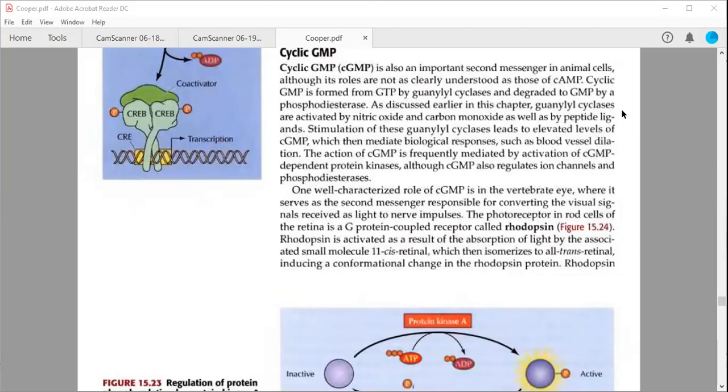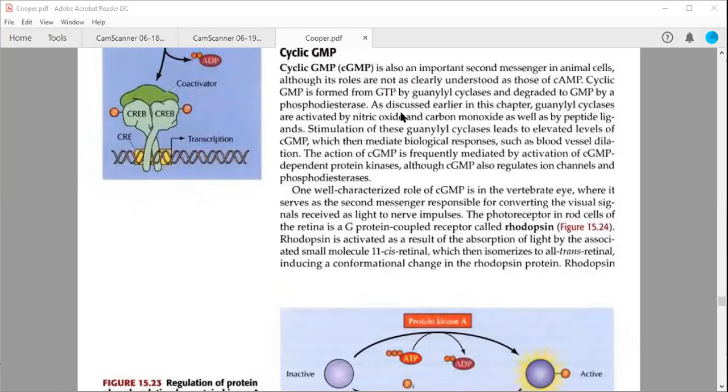This guanyl cyclase is activated by nitric oxide and carbon monoxide, as well as some peptide ligand molecules. Stimulation of these guanyl cyclases leads to elevated levels of cyclic GMP, which then mediates the biological responses.